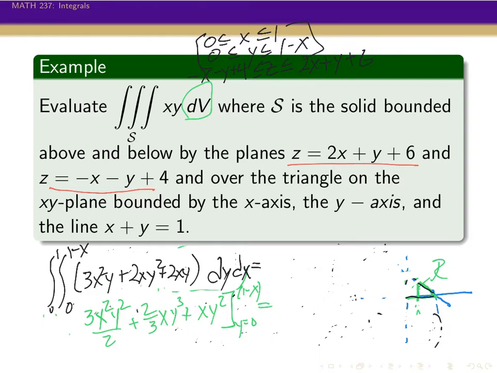And so I have 3x squared times 1 minus x squared over 2 plus 2/3. Oh, come on. Give me a little bit more space. Actually erase. There we go.